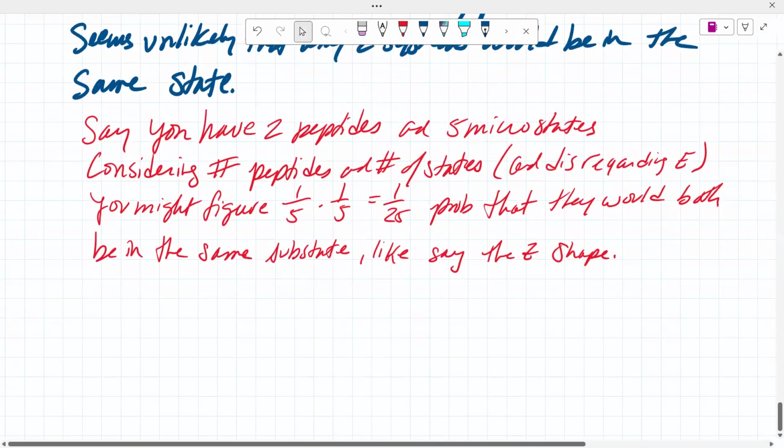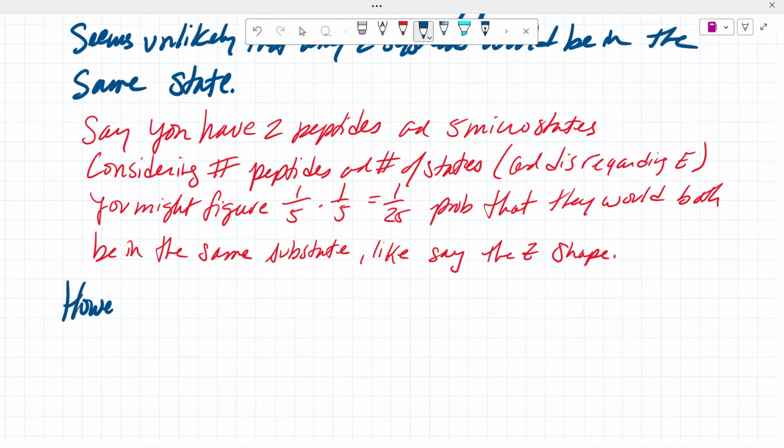However, many molecules are in the same state, especially the lower energy ones.